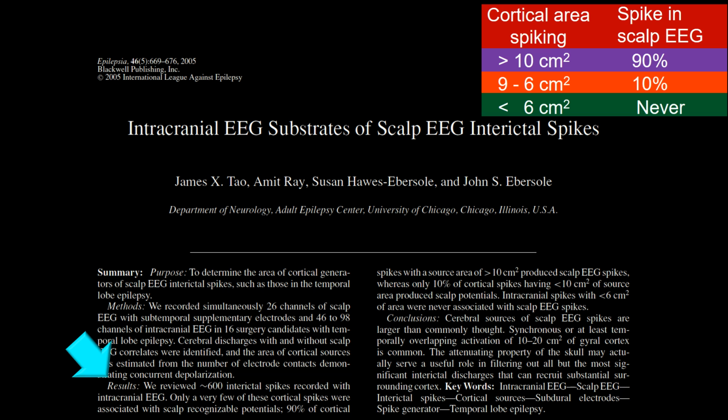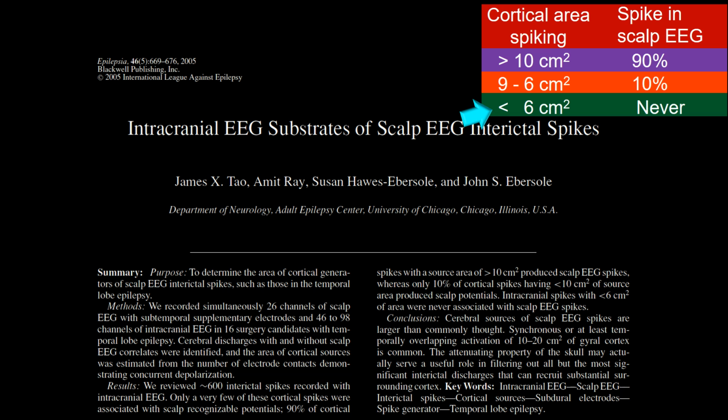The important information in the results: when the cortical area spiking was more than 10 square centimeters, scalp spikes were recorded in 90% of the cases. When the cortical area was less than 10 square centimeters, scalp spikes were recorded in 10% of the cases.